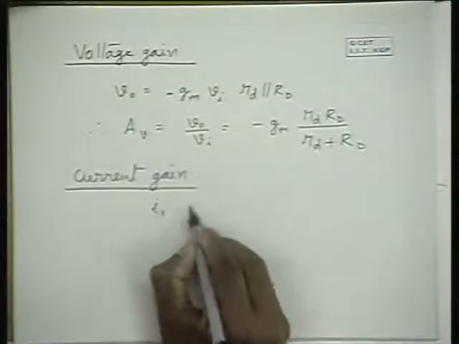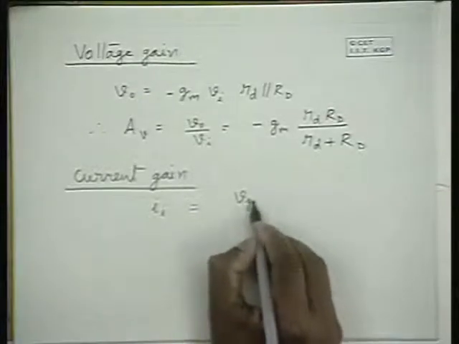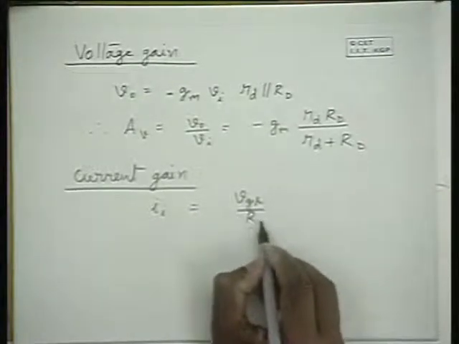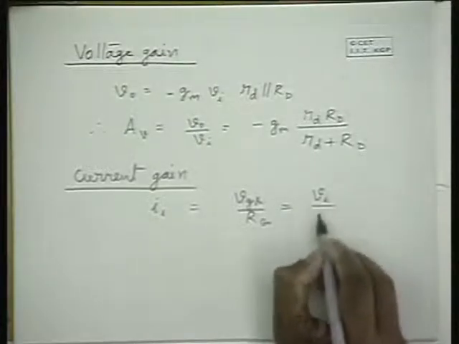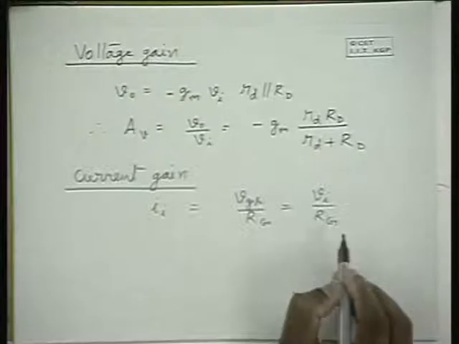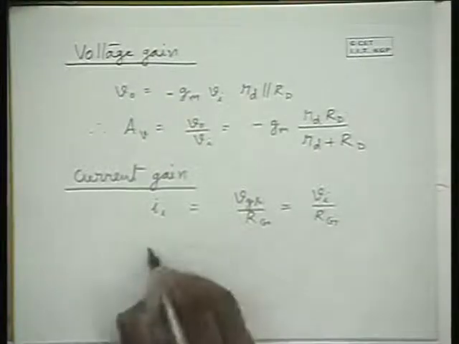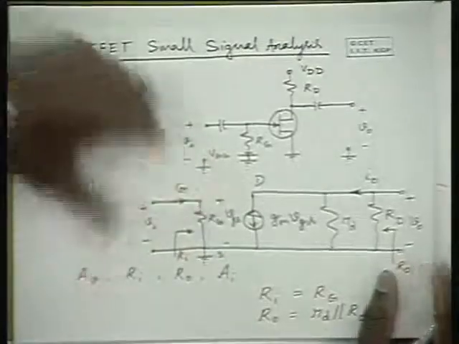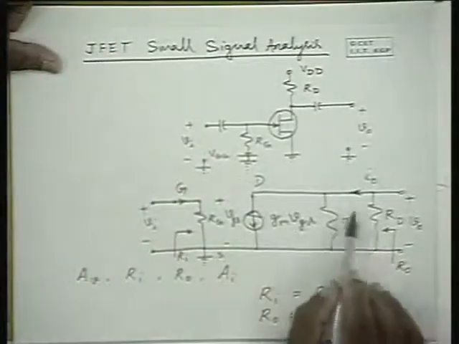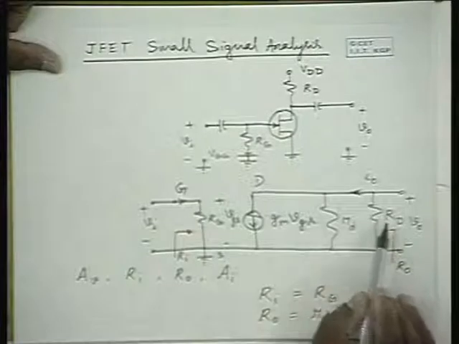II is VGS by RG, or this is equal to VI by RG, and the output current I naught is the current driven through RD.